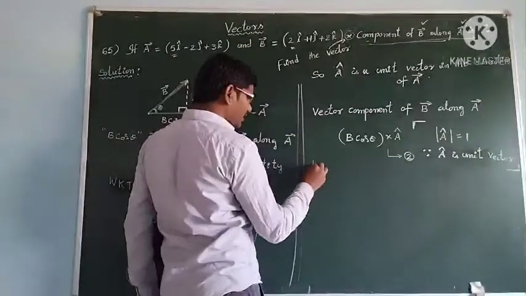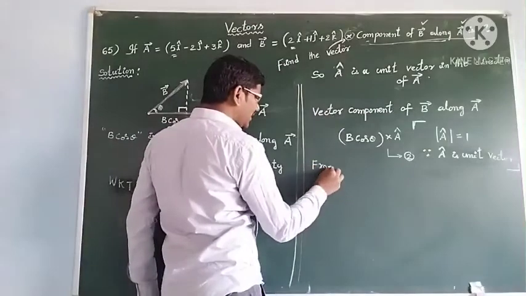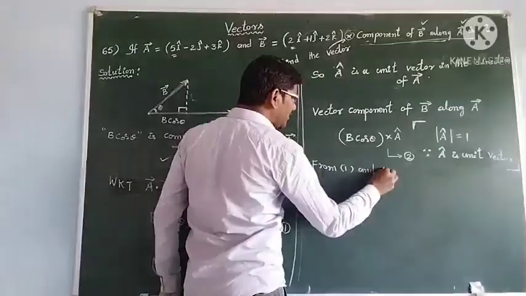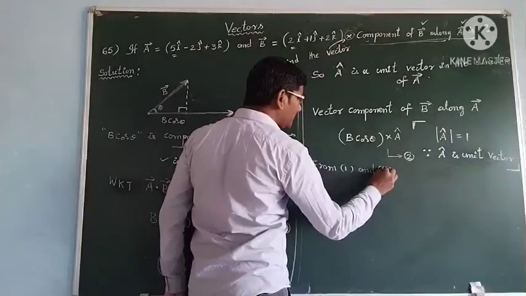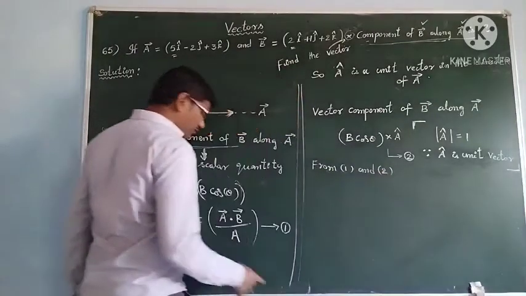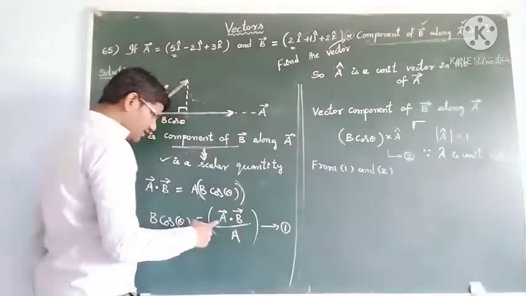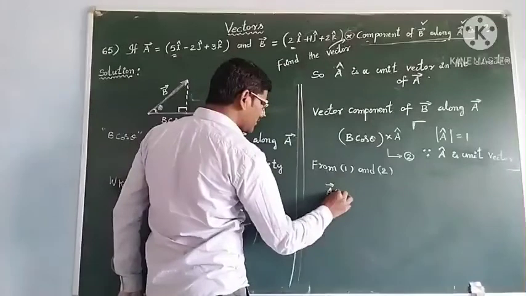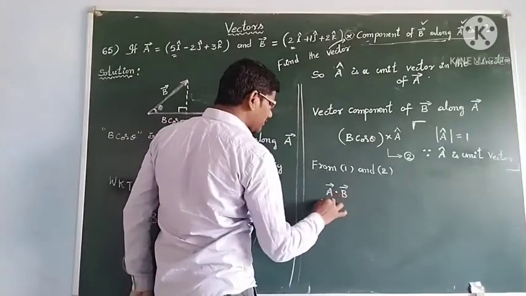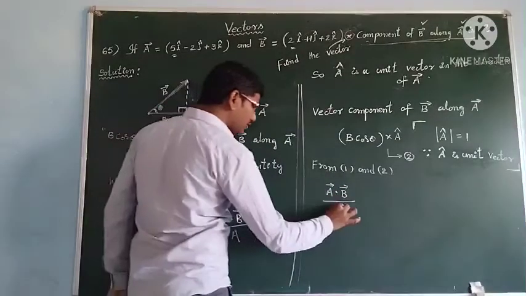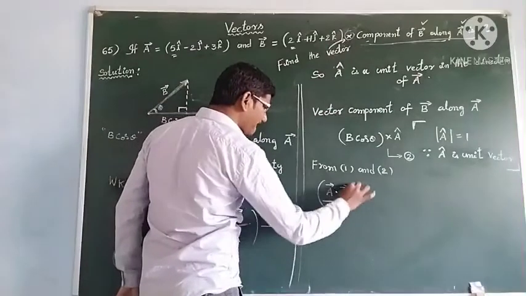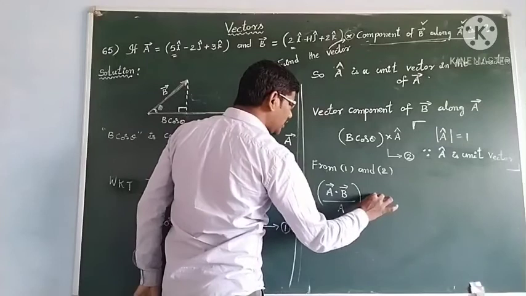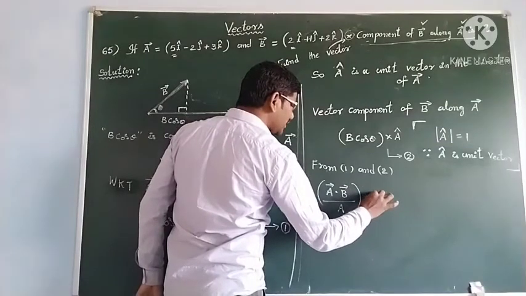So from 1 and 2, instead of B cos theta we have A bar dot B bar by magnitude of A, into A cap.